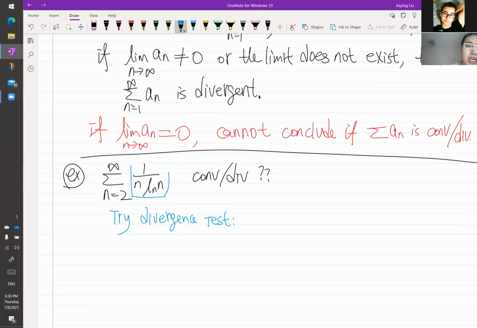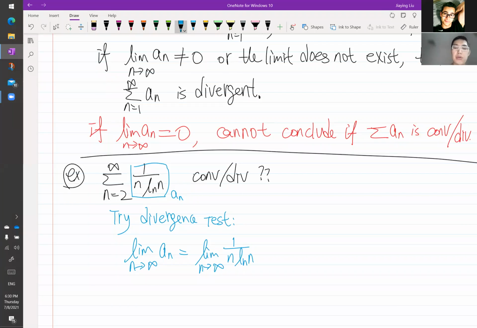We're just going to pick the an from there. That's the an part. Each element is in that form. If we put 2 in there or 3 in there, they're all in that form. So we want to know the limit as n goes to infinity of an, which is the limit as n goes to infinity of 1 over n natural log of n.